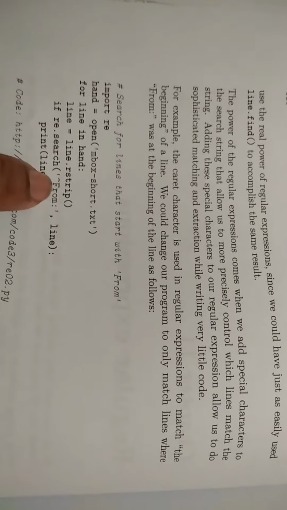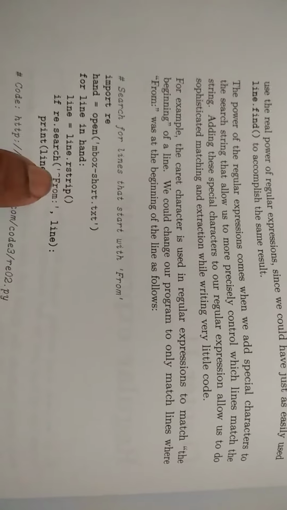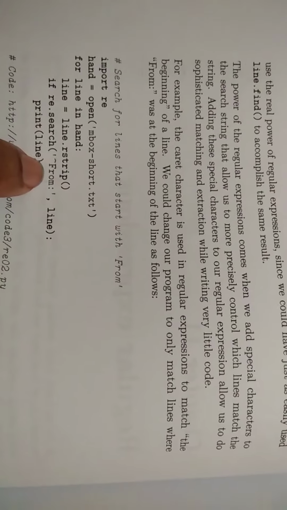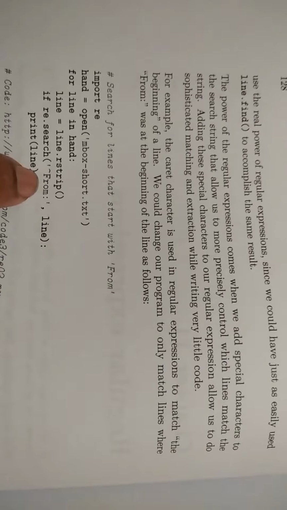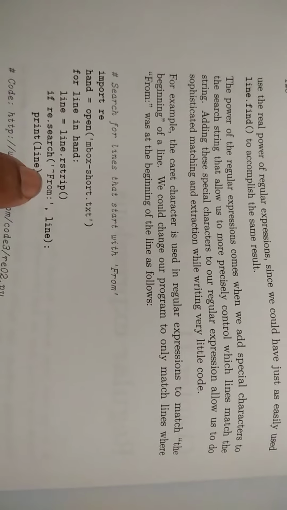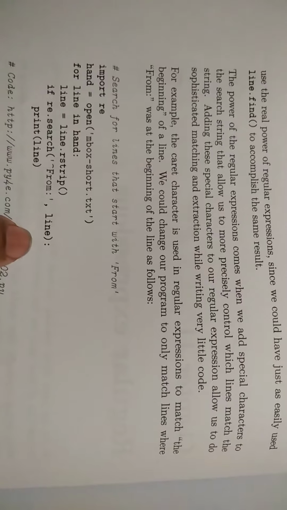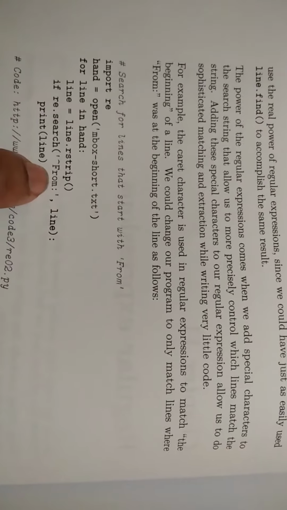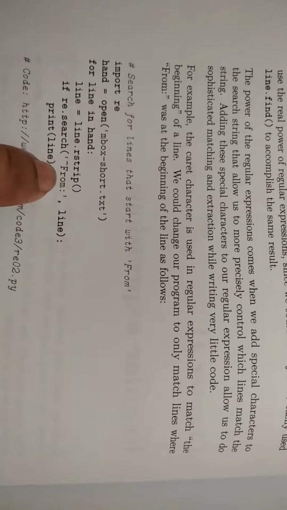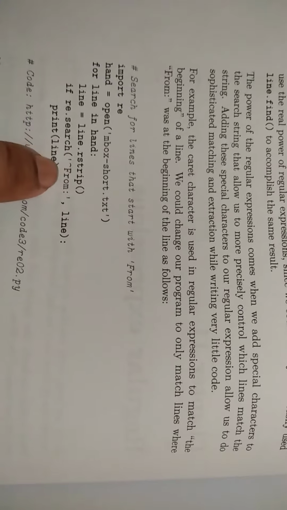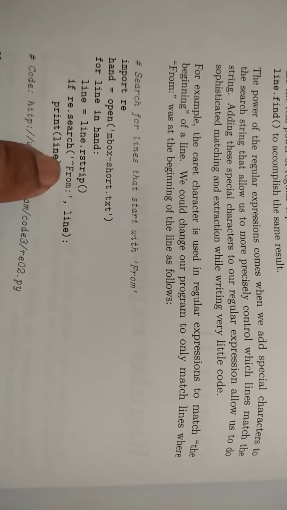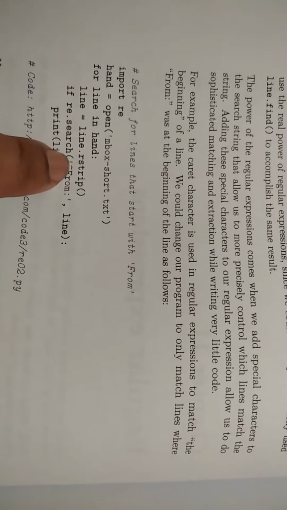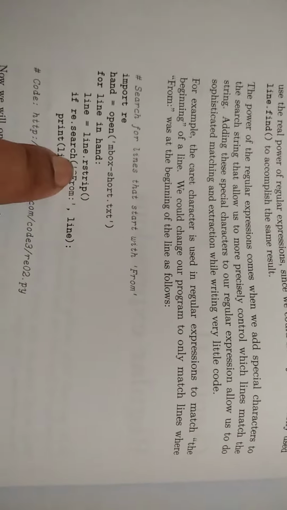If the line contains the from word in the beginning, only those lines are selected. The from keyword might be present in the middle of the line or at the end, but those lines will not be selected. If the line contains the from keyword only at the beginning, then those lines will be selected. That is the speciality of this special character.